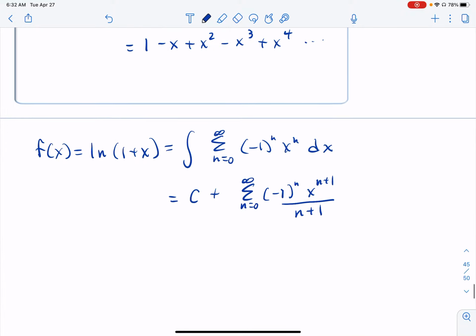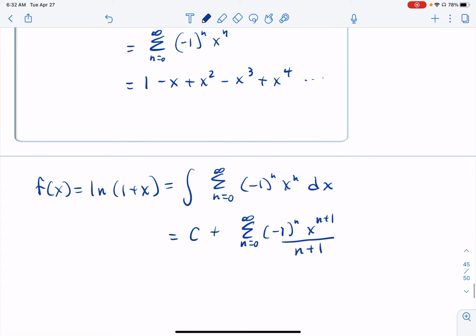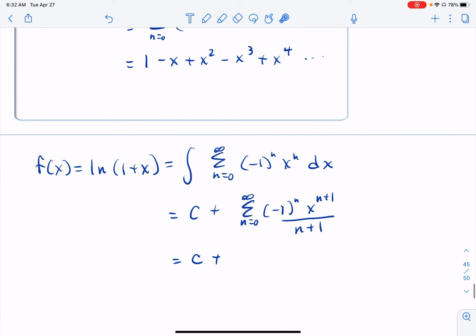Okay, so if I were to expand that thing out, this would be c plus the antiderivative of 1, which is just x. Antiderivative of negative x: add 1 to the exponent, divide by it, should be a negative x squared over 2. And this one, x to the 3rd over 3.